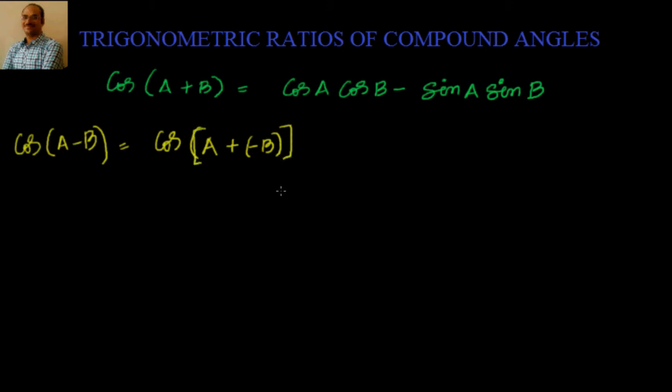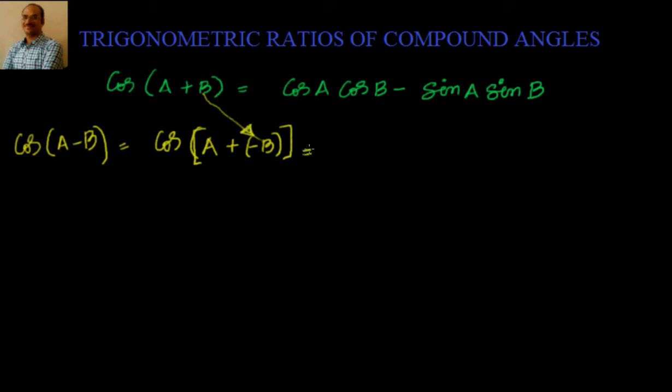Now you can see here, I want cos of a minus b. What I have done, I have kept it as a plus of minus b, so that instead of b I will be having minus b here.